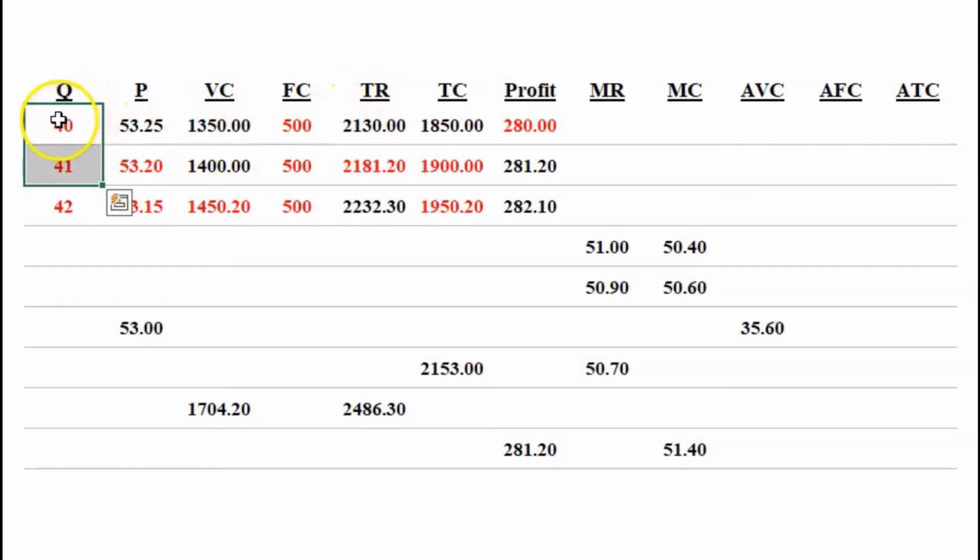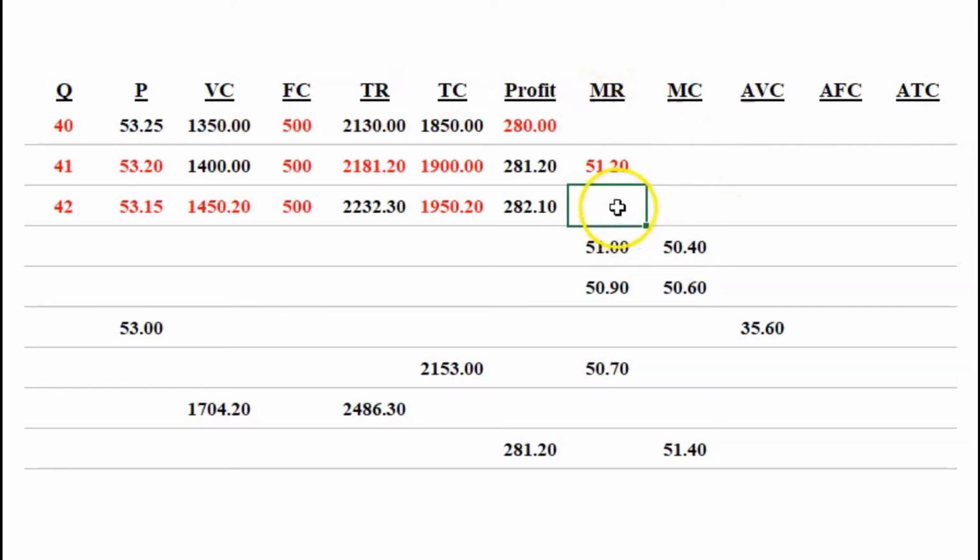When we add one more unit, our total revenue will go up by how much? Well, let's take 2181.20 minus 2130. Get my calculator here. 2181.20 minus 2130 gives us 51.20. So the marginal revenue of the 41st unit is 51.20.